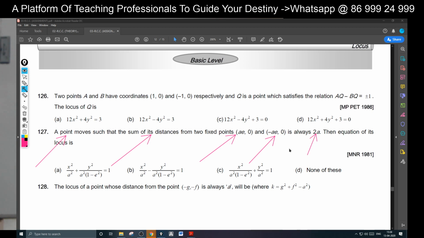First of all, understanding the given problem is very, very important in locus. Without understanding the meaning of the given problem, it is not possible to convert it to algebraic form. Nowadays book reading has very much reduced; everything is internet only.